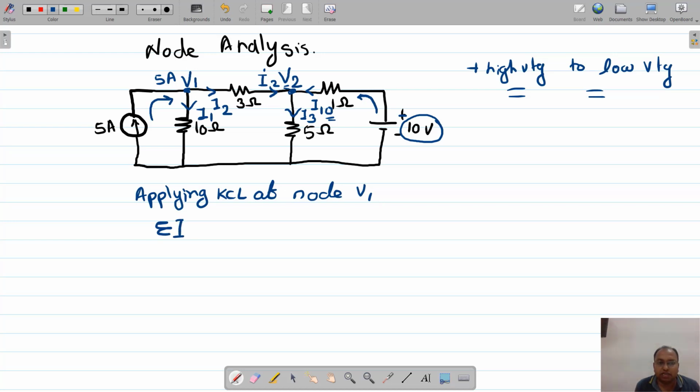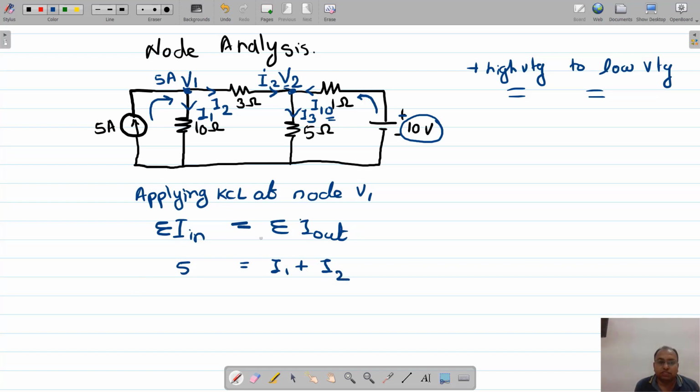KCL is nothing but sum of incoming current is equal to sum of outgoing current. Now concentrate on this V1 junction. Which are the incoming currents? Only 5 ampere is the incoming current, isn't it? Which are the two outgoing currents? I1 and I2, and their summation we have to take, that is addition, isn't it?